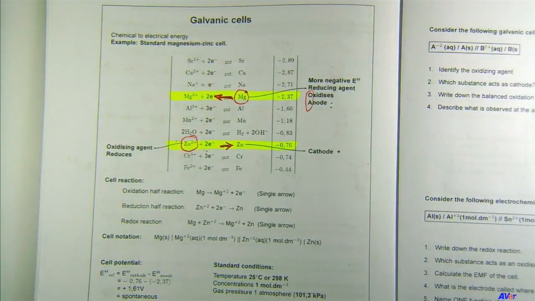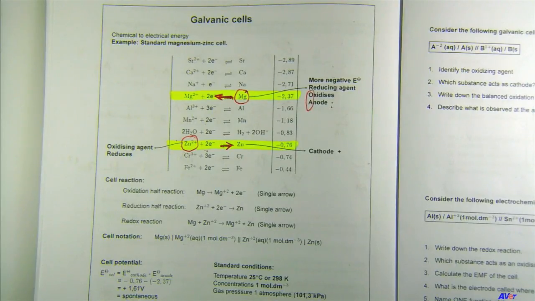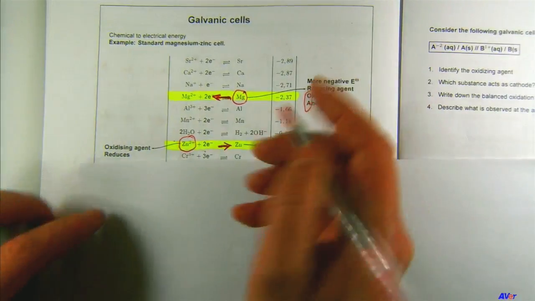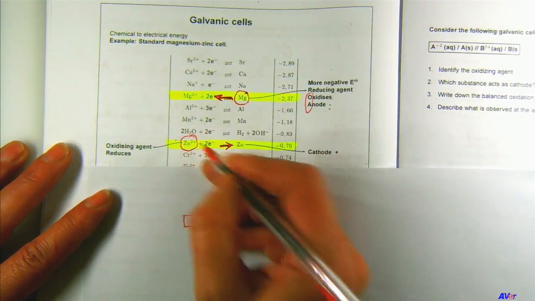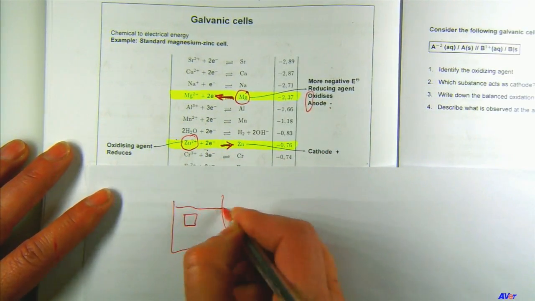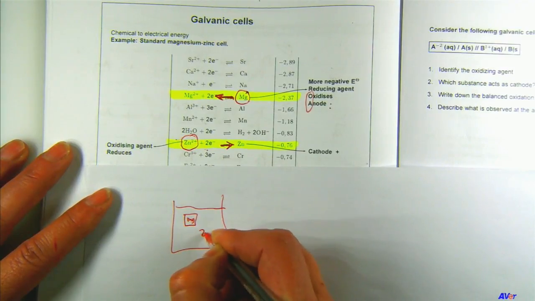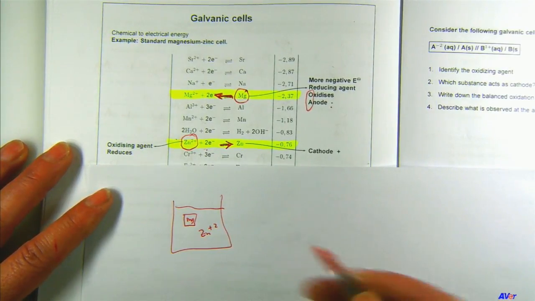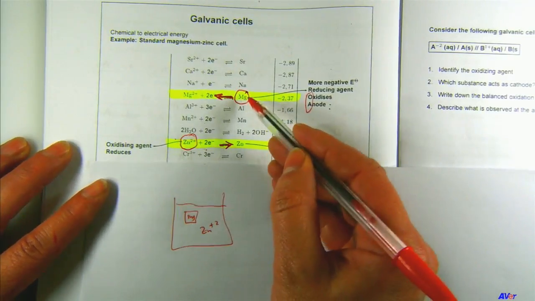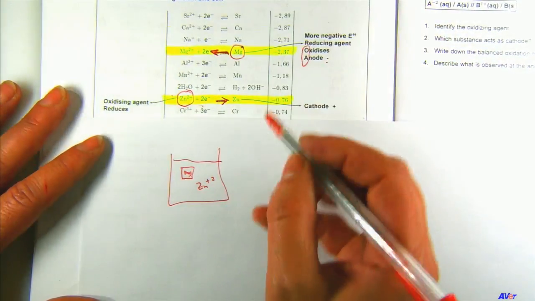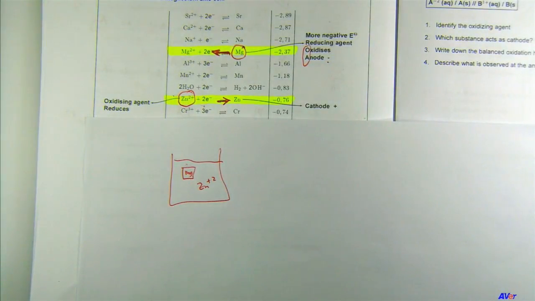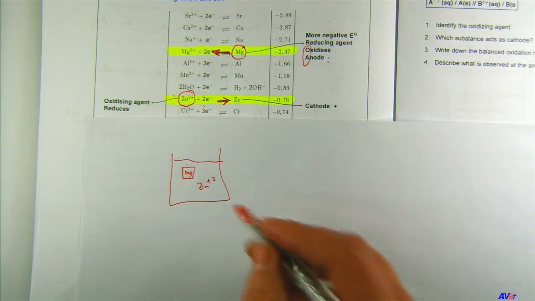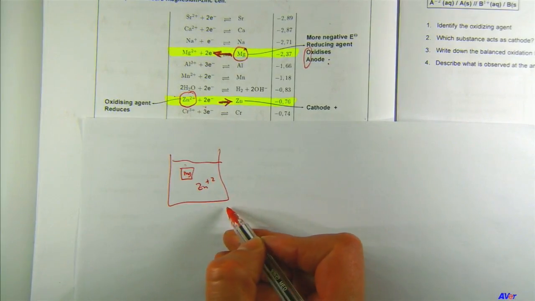Now, let's go back and talk about spontaneous. We now said magnesium will react with zinc 2+. So you've got magnesium and you've got zinc 2+, right? And magnesium is the stronger reducing agent. So it will be giving electrons to the zinc. Now tell me, where is this happening? Is it happening on the bottom of the container?